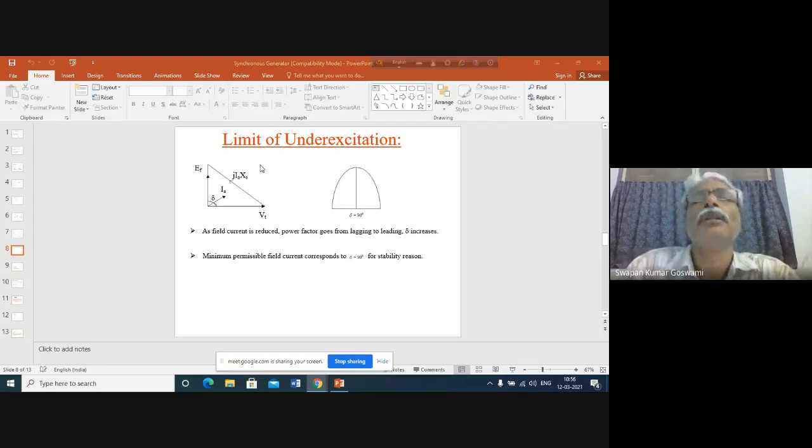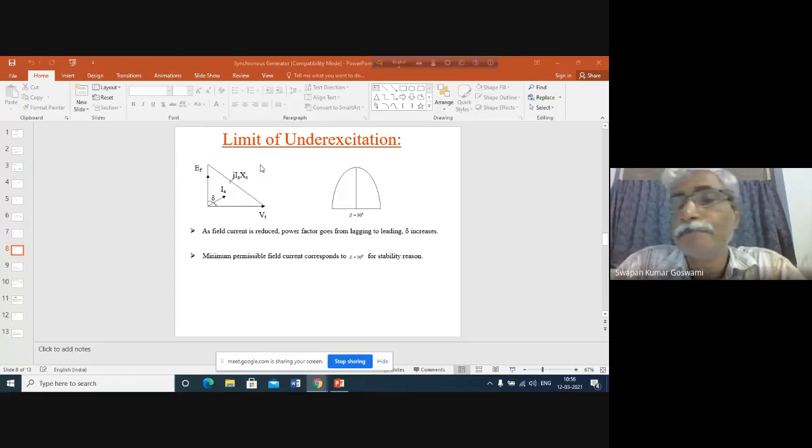Now, when should the generator deliver reactive power, and when should the generator consume reactive power? Any idea about that? Well, anybody? What is your thinking about that? Some of you must have some idea, at least some guess.